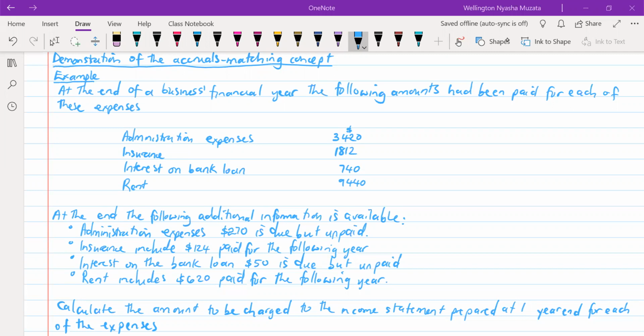And then you're given a list of expenses, pretty much like a trial balance that you should expect to be given when you are preparing any income statement and a statement of financial position in an exam. And they say, you are given the following additional information. What are they expecting you to do? To calculate the amounts to be charged to the income statement at the end of that particular accounting year.